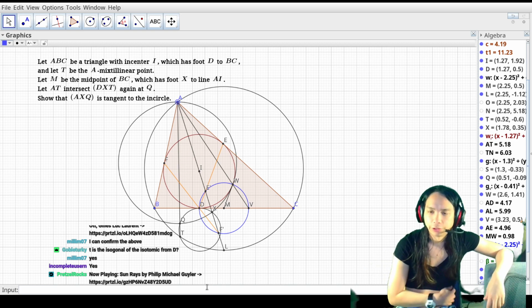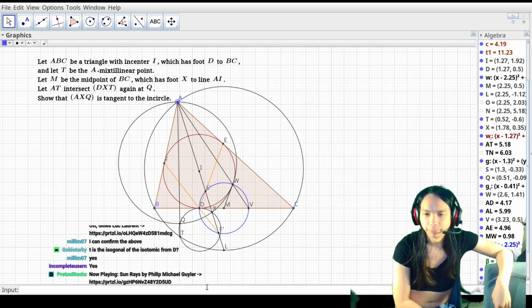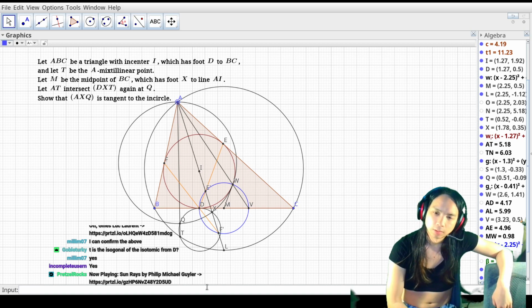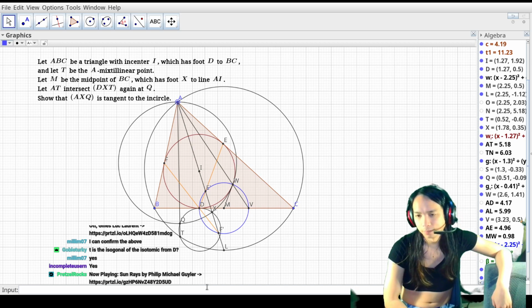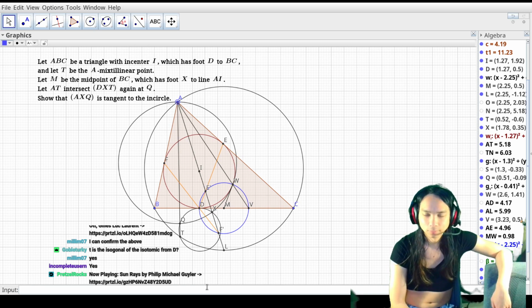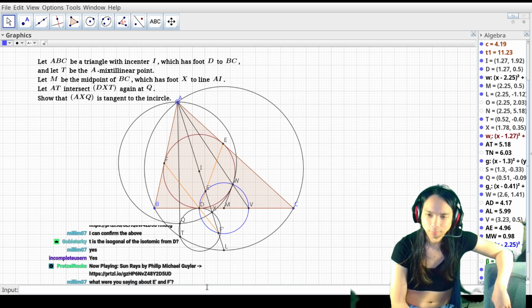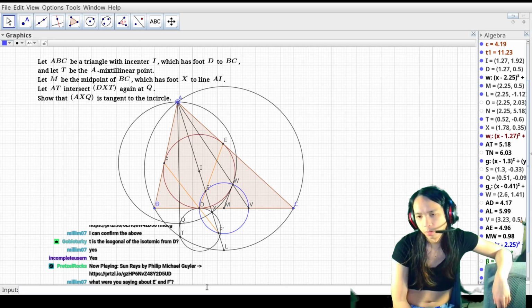Okay, so we know how to write W, M, D. So the point that we haven't seen before is like X and Q, I guess. Like, what do you do with X and Q? Midpoint of E prime, F prime. E prime and F prime lie on lines DE and DF, and X is the midpoint of E prime, F prime. Is what's going on.